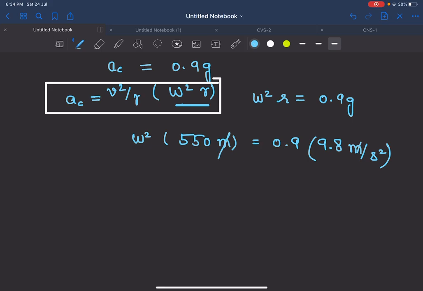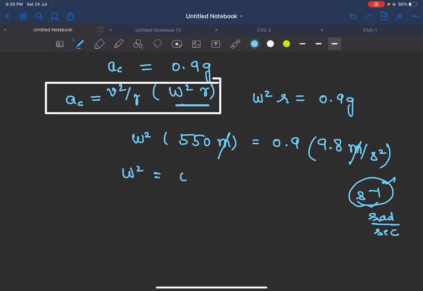So meter and meter cancel, so we can verify from here that we are going to get omega in the units of second inverse, which is exactly the unit of angular velocity, right? Because angular velocity is the angle covered in a certain time. Angle will be in radian per unit time, and as radian does not have any dimension, the correct unit is second inverse, right?